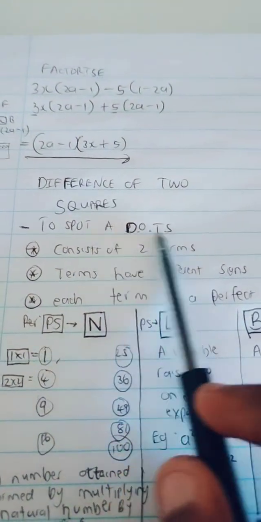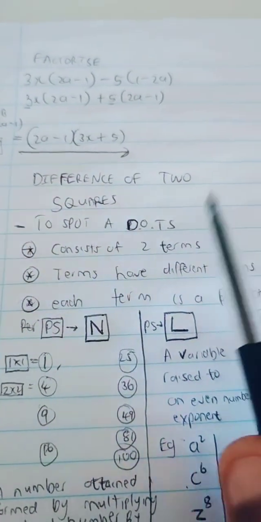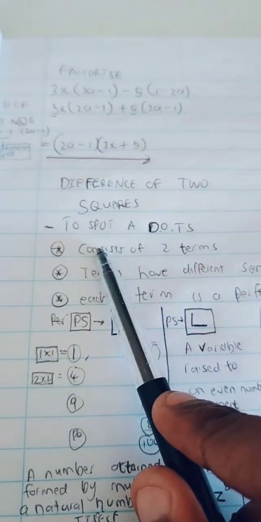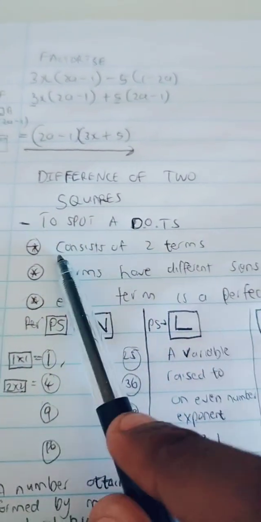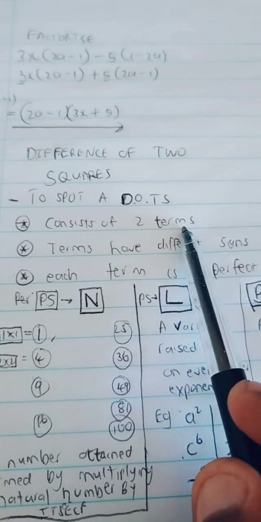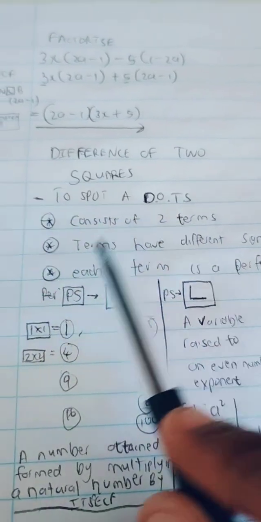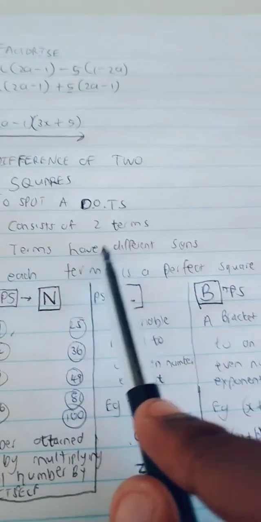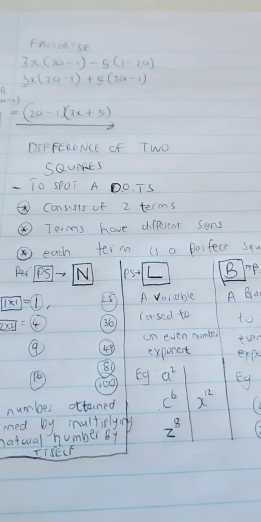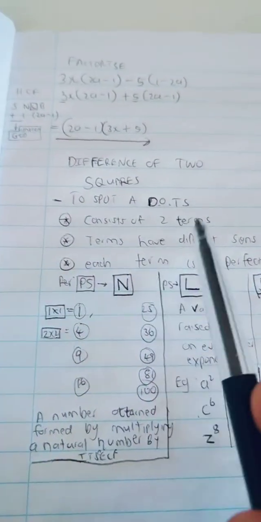So please, guys, remember what I said. To spot a difference of two squares, what do you need to do? The expression must consist first of two terms. That's number one. Two, the terms must have different signs. And then lastly, each term must be a perfect square.